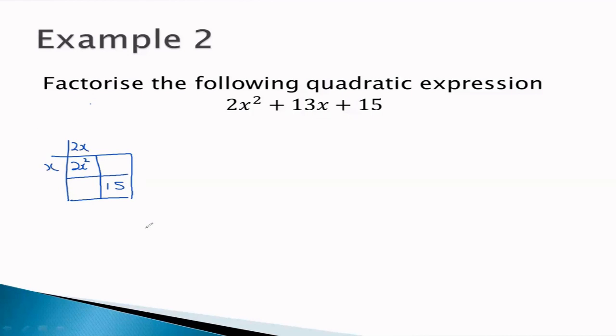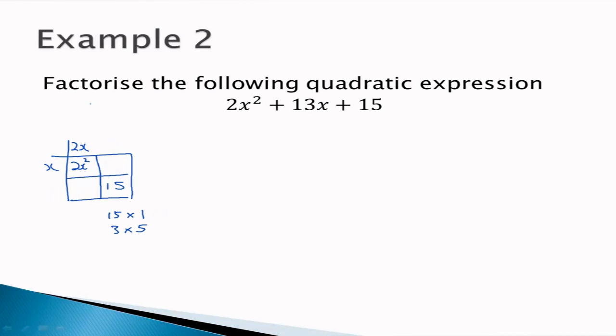Now, how about 15? 15 can be 15 times 1 and perhaps 3 times 5. I think that's the only combinations. So looking at this answer 13x, I think most likely it's going to be this. Okay, so I'll try out here 15 and 1. Now what is 15 times x? This gives me 15x. And this gives me 2x. And when I add these two together, it gives me 17x. So that's not right then.